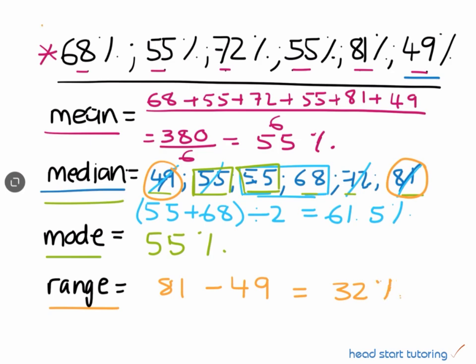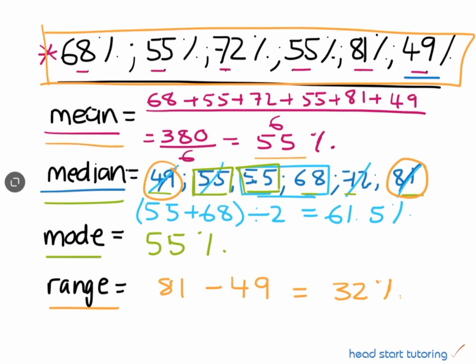So for this group of percentages, the results of these students' maths tests, you would have got a mean of 55%, a median of 61.5%, a mode of 55%, and a range of 32%.